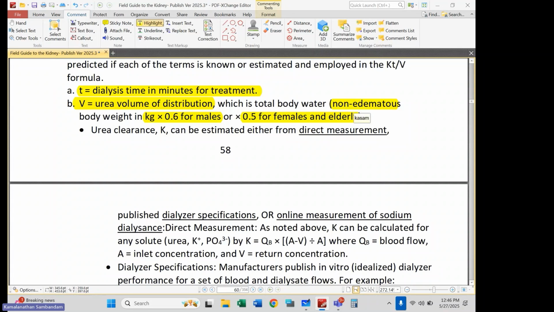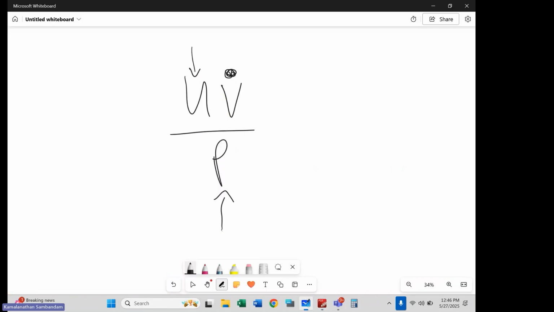But don't forget, if a patient is markedly volume overloaded, they are going to have a volume of distribution that is significantly above this, right? So in that regard, you have to estimate. I think this patient is 5 kilos above their true dry weight. So if they're 80 kilos dripping wet, you would say, okay, I estimate their dry weight at 75 kilos.